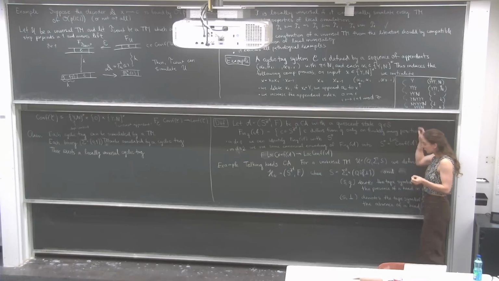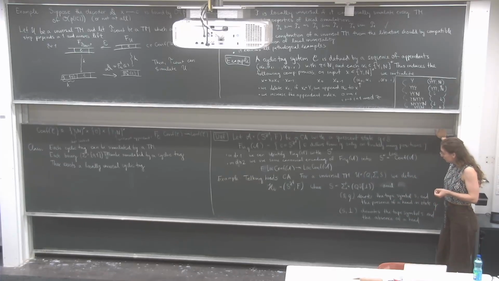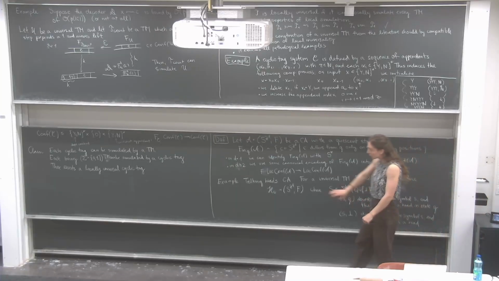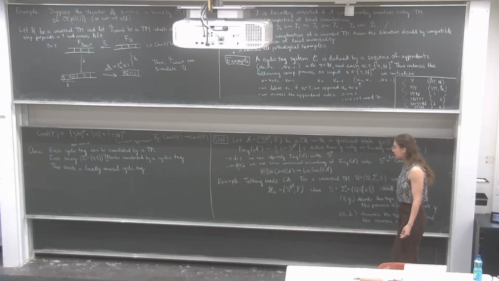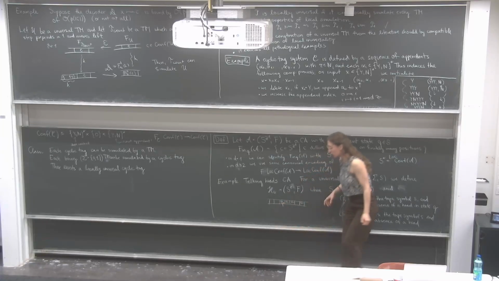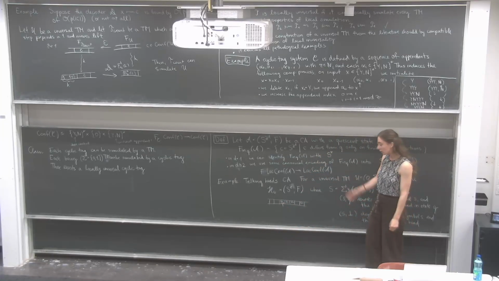Since we're running out of time, I will not write down the exact way we would define the local rule, but essentially we can define it in one dimension, in the sense that the initial configuration which represents the Turing machine configuration is exactly this, and the local rule just encodes exactly the update function delta.